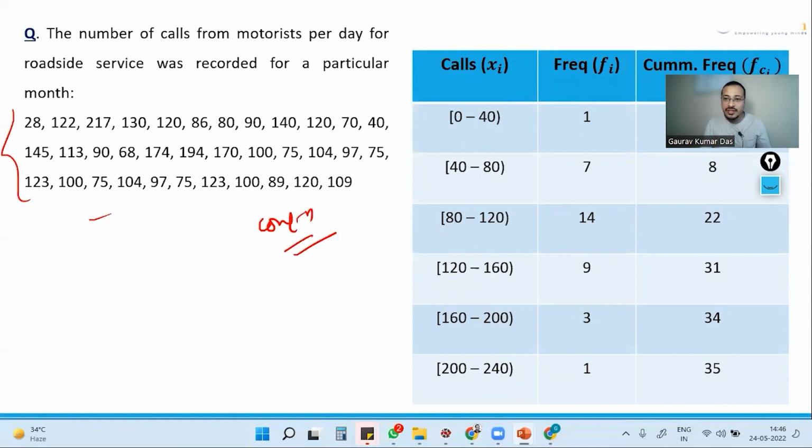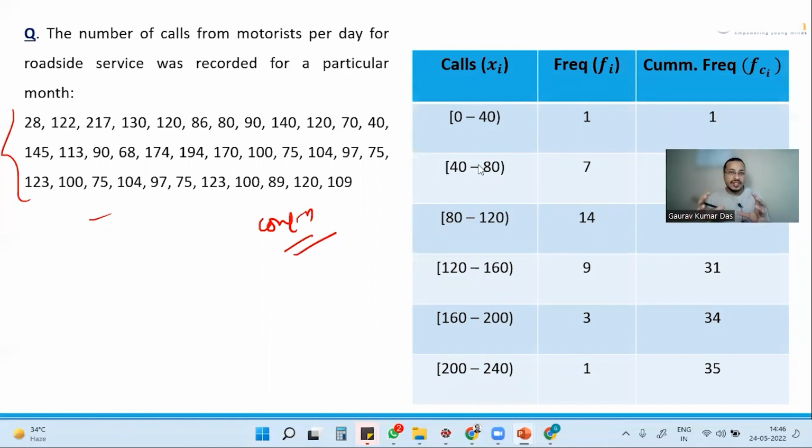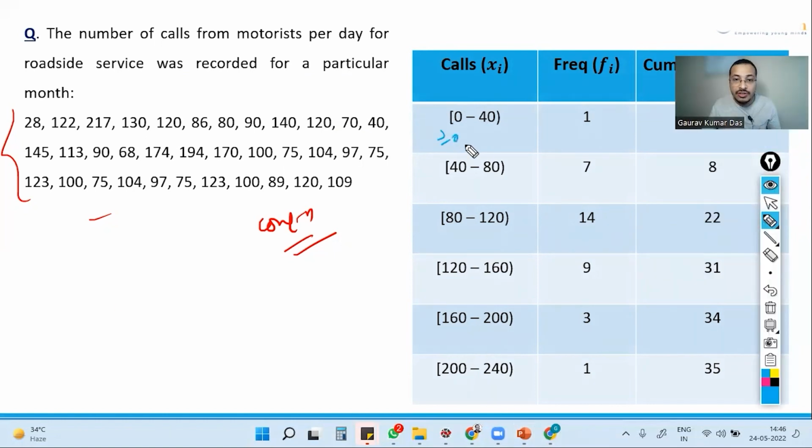So if you look here, that is how the intervals are created, and each interval is of equal length. So here, the length is 40, and in every interval, the length will be 40. And 0 to 40 is continuous. 0 to 40 with an open bracket means it does not include 40. So this basically means greater than or equal to 0 and less than 40.